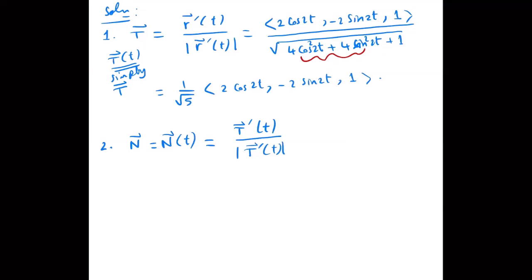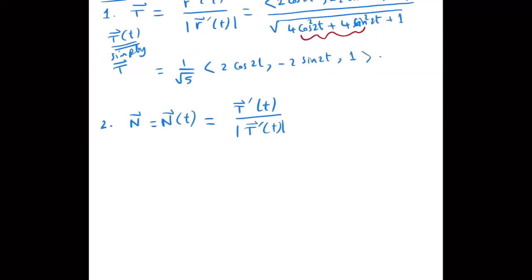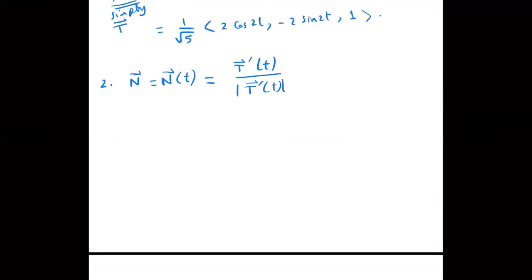Got it? The same idea, same thing. So let's differentiate again. Root 5 is constant, so let it be there, 1 over root 5, because it's multiplied by a function. So we write the constant and differentiate the function. We get negative 4 sine 2t. How?